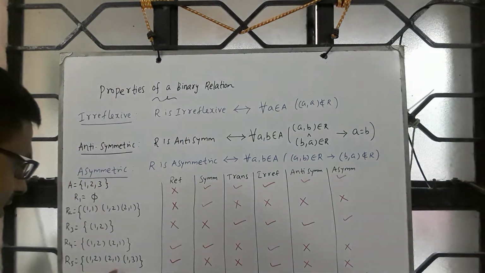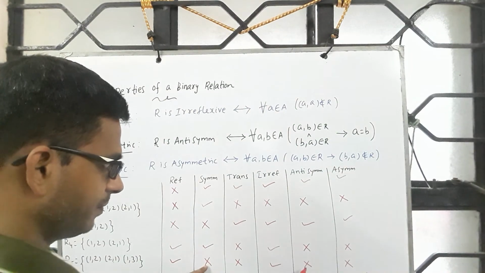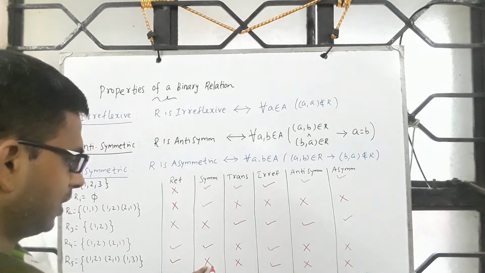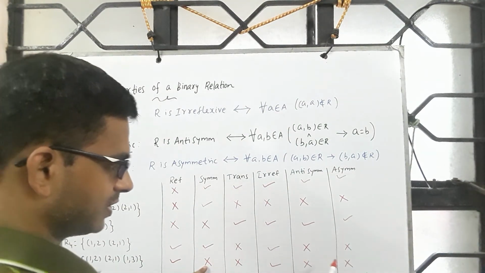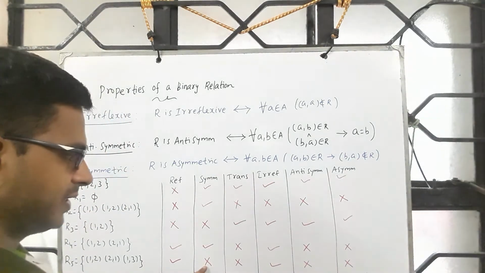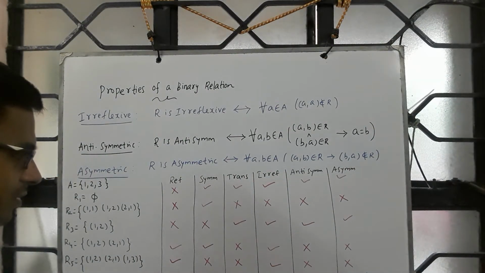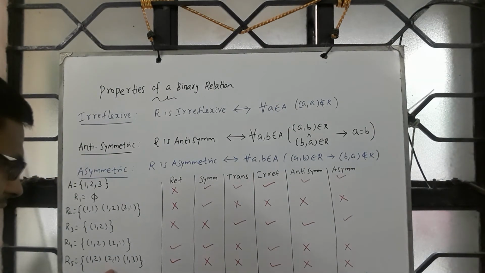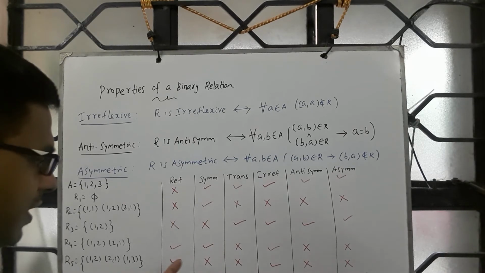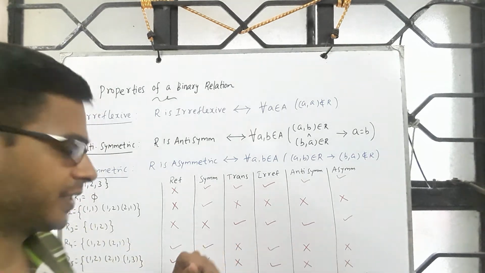So here is a relation. Not symmetric does not imply antisymmetric. Not symmetric does not imply asymmetric, and vice versa. Not asymmetric does not imply symmetricity. So there are relations which are neither symmetric nor antisymmetric nor asymmetric.